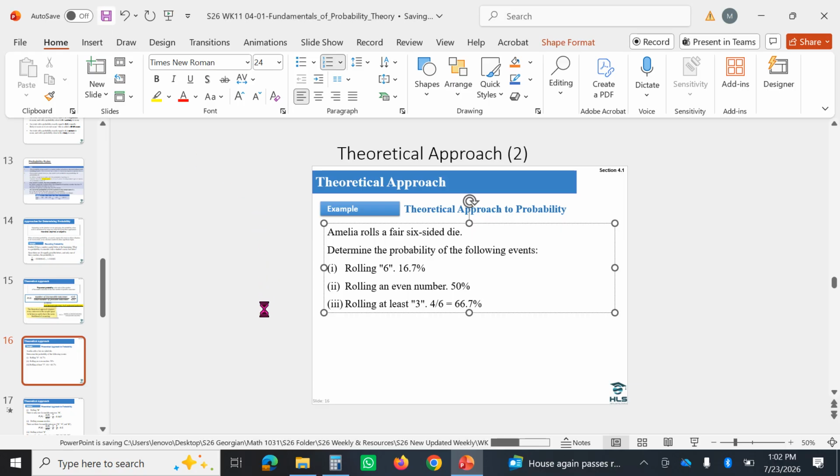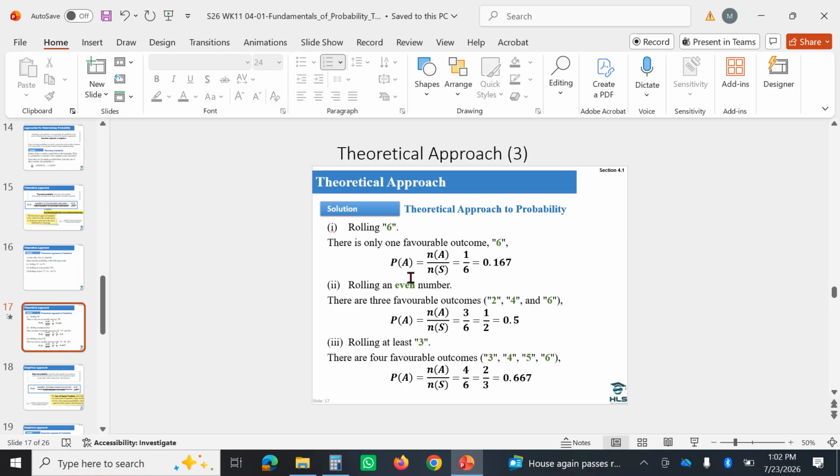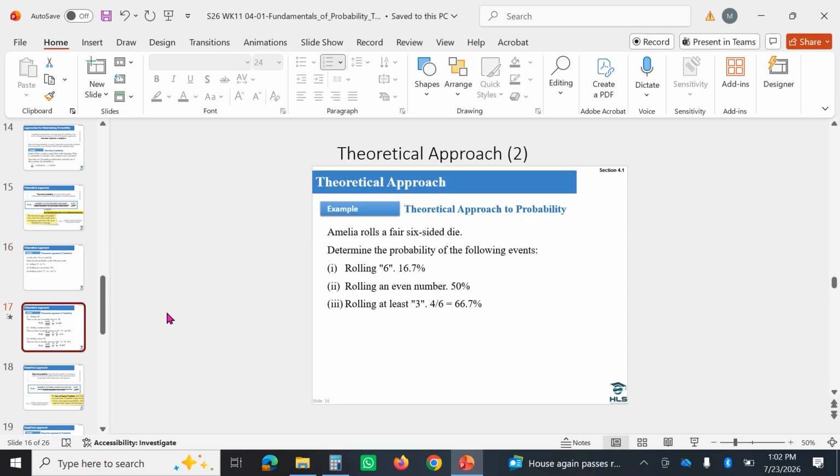So that's theoretical probability, and that's where we're going to hang out. These are your examples, and all the answers you would need are there, as we already did them.